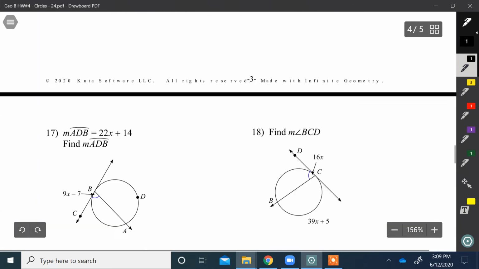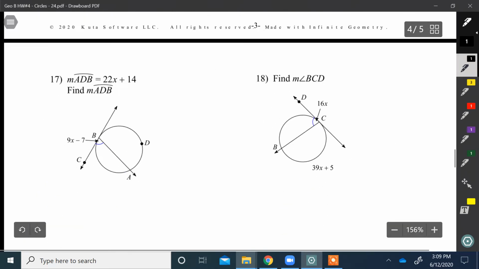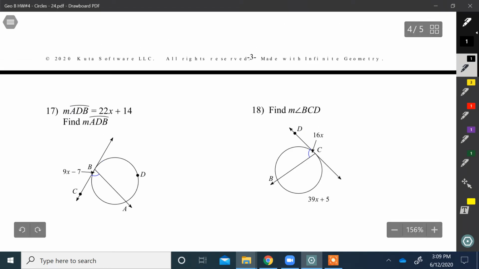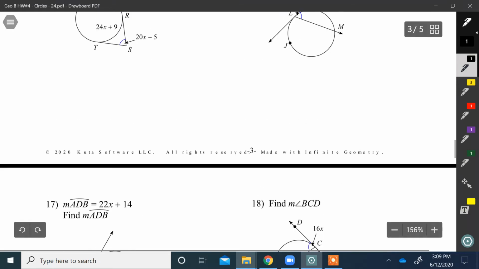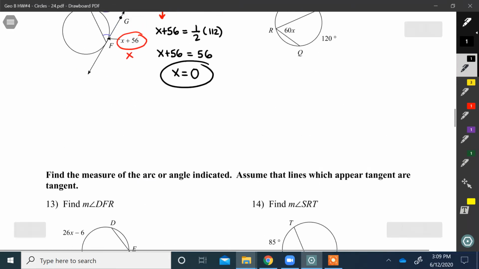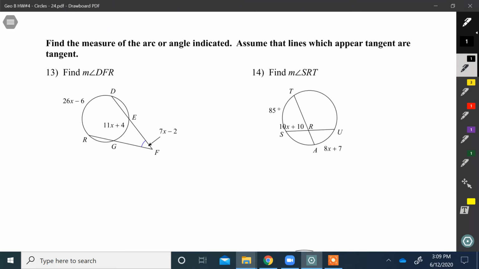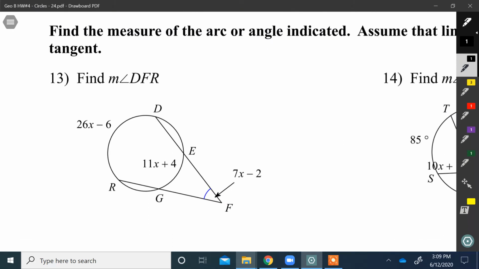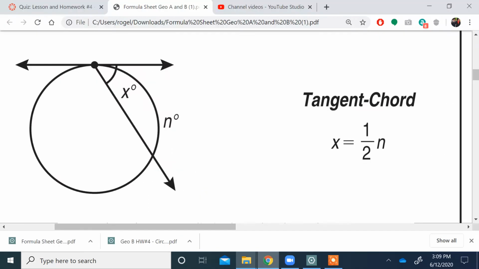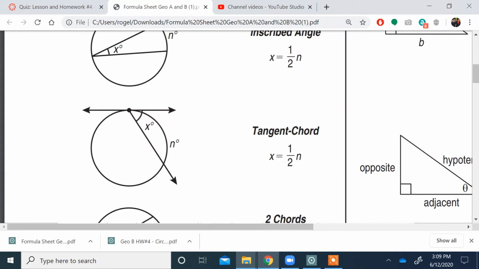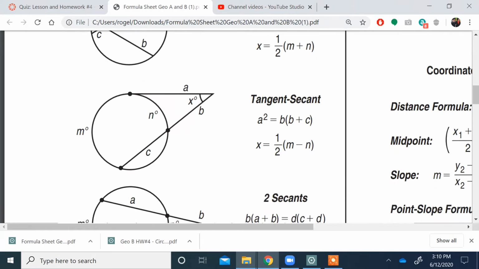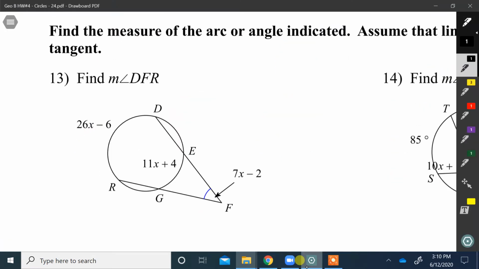Later on, we're gonna work with segments, or actually we're gonna do it right now on this one. We'll talk about that later on. Number 13, let's identify what we have to find. So in here, if I go back to my formula sheet, which one is the one that I have to use? Okay, let me go back.